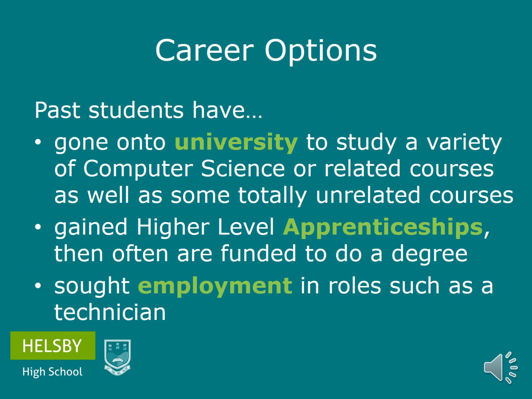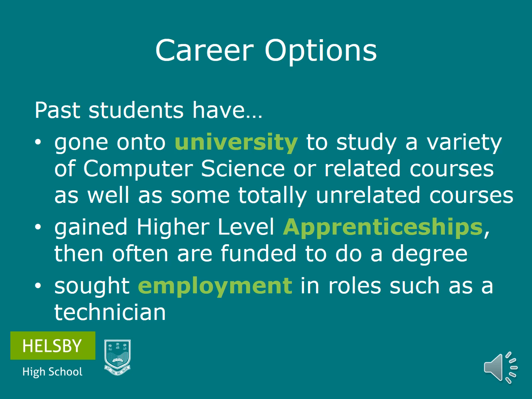In terms of what you could do with this course, a lot of students go on to university to study a variety of computer science courses, such as data science or forensic science, using technology to help them. And some people go on to study completely unrelated courses.